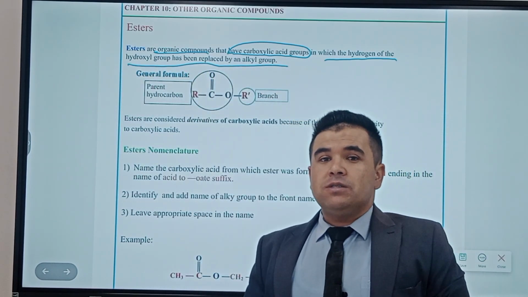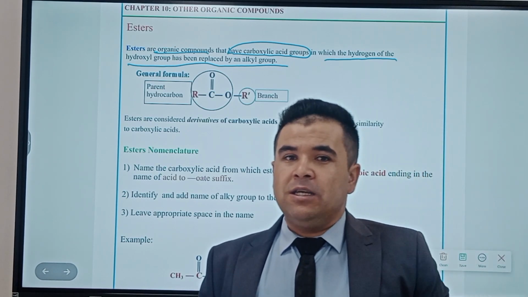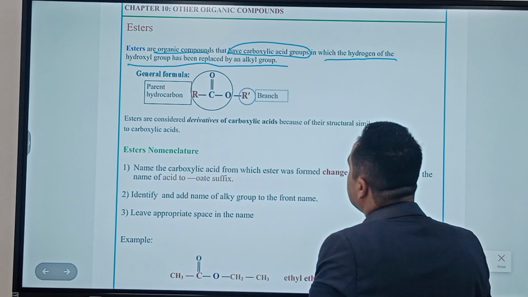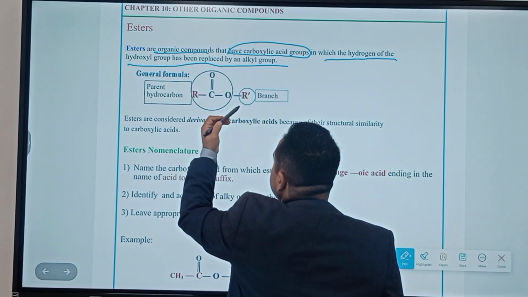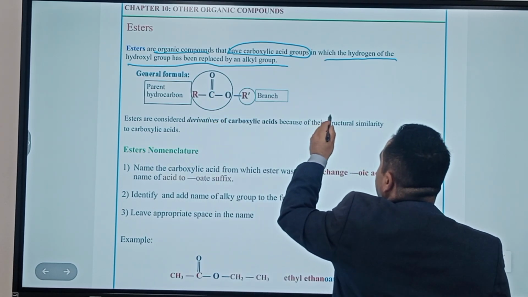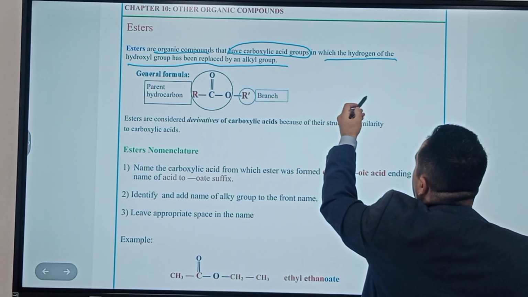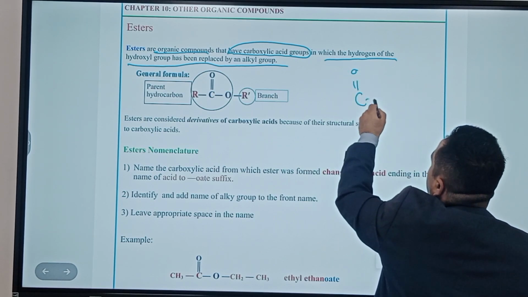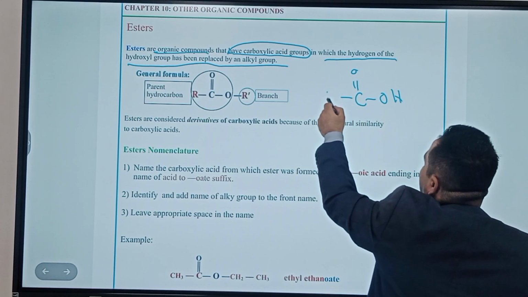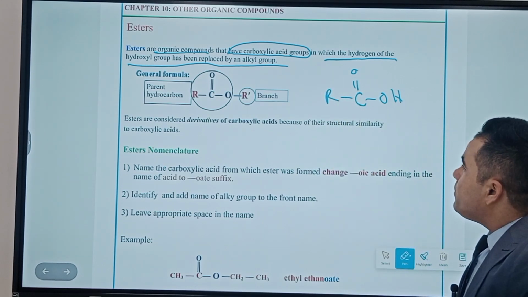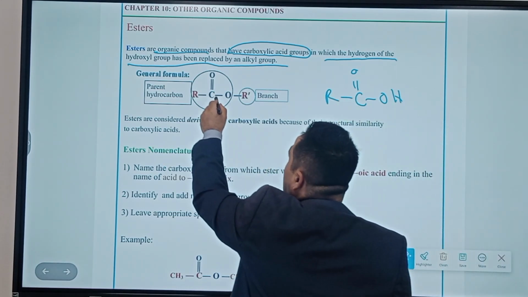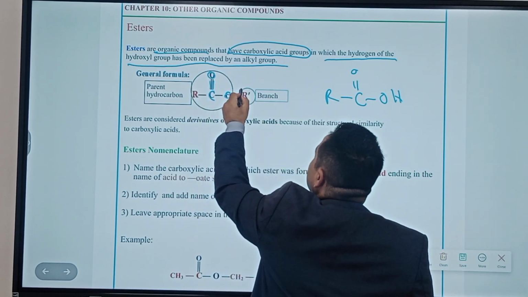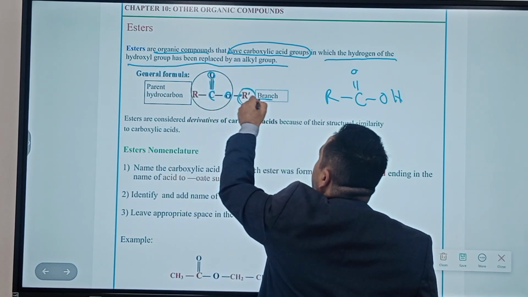The esters, like the carboxylic acids, have carboxyl groups, but the only difference is that in the carboxylic acid we have COOH with the OH and R. Here, the carbon is double bonded to O, and then to another O, but instead of H, we have a branch.